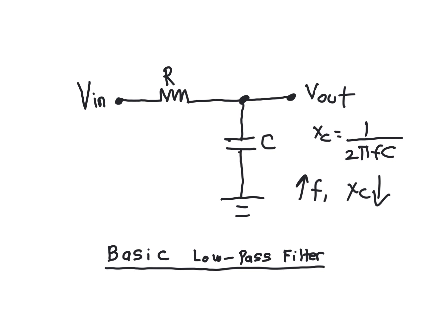So what's going to happen is that for the frequencies that are below FC, the reactance on the capacitor is high enough not to really affect them. So the frequencies will simply pass through the filter, and at higher frequencies they are simply shunted to ground by the low capacitive reactance.